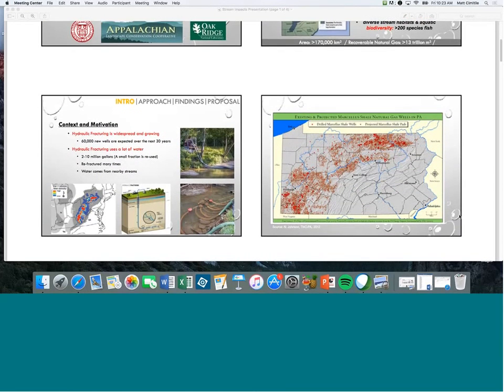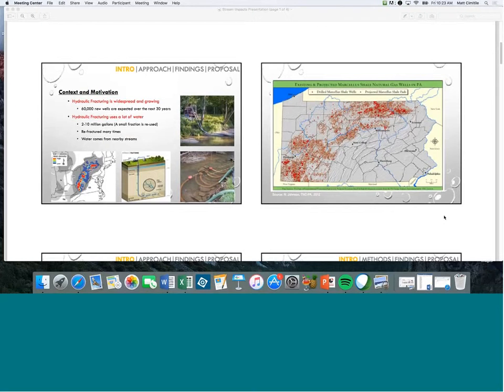So if we go to the third slide, and I'm sorry these aren't numbered, to access things like the Marcellus Shale, which is not a very deep strata of geology to withdraw natural gas from, they do this horizontal drilling, kind of cool in and of itself, but it requires them to do hydrofracking, which means pumping a lot of water down into this geological strata to open up these cracks.